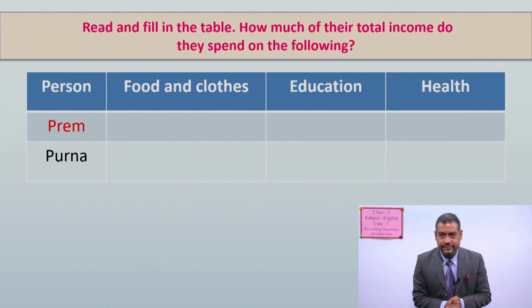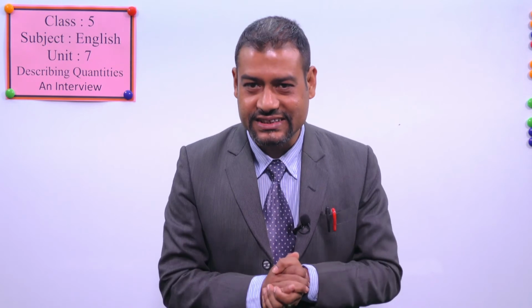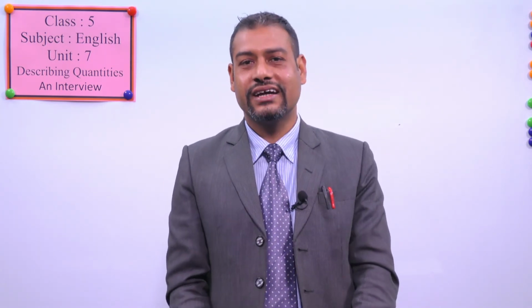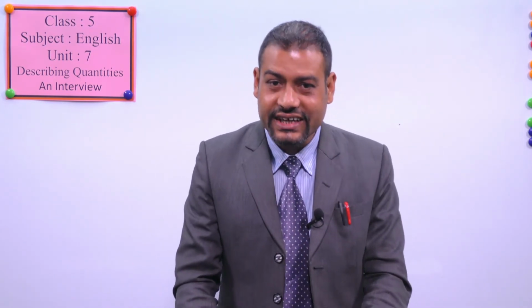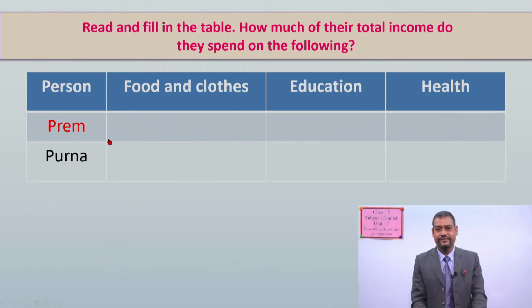I hope you might have finished it because it's very simple. Now you can check with me whether you have written correctly or not. So once again, you have a chance to tell me how much of his income Prem spends on food and clothes.